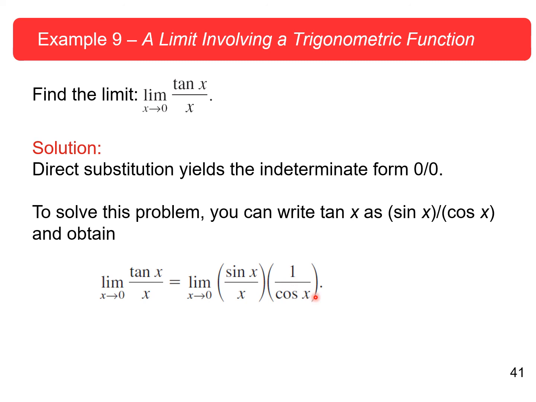You can verify by multiplying these two and you would get back to the original form. Also, we know that the limit of the product is equal to the product of the limits. So all we need to do is evaluate the limit of this expression and then multiply that result by the limit of this expression as x approaches 0.